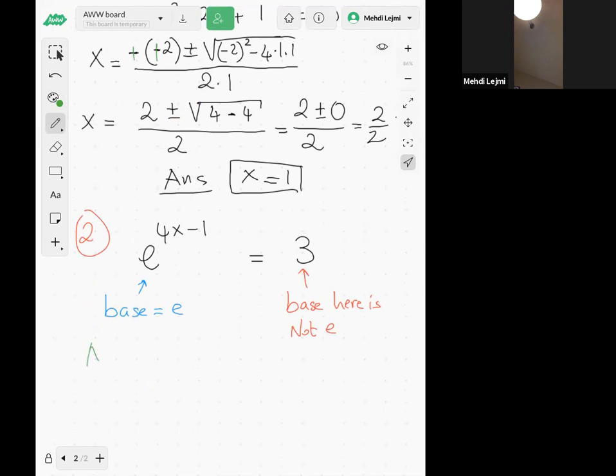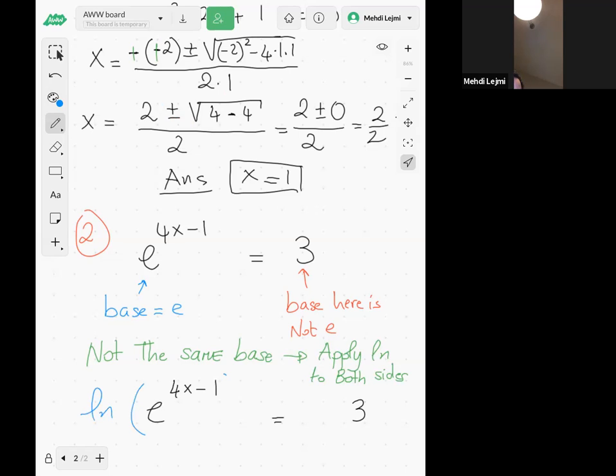And if it's not the same base, the idea is to apply the natural log to both sides. So this is e to the power 4x minus 1, and this is just 3. What I'm going to do is apply the natural log on the left and the natural log to the 3 on the right side.